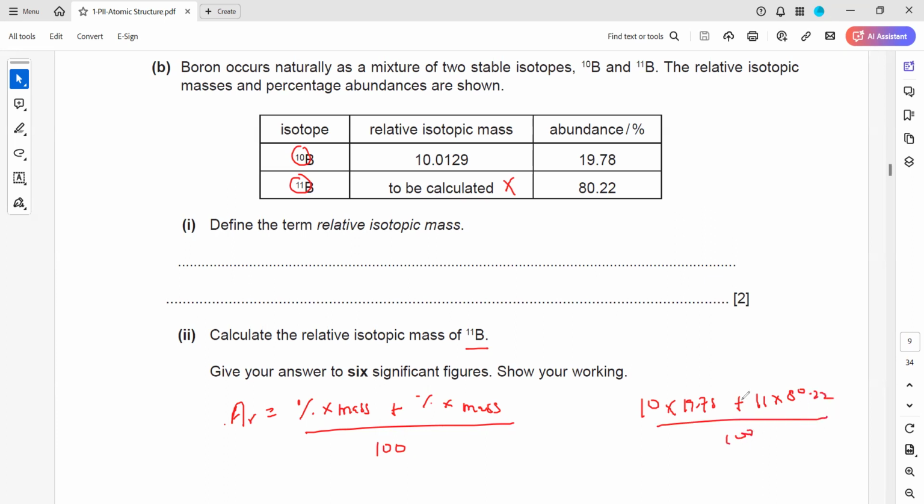What's the answer for this? 19.78 multiplied by 10. I took the actual mass of the isotope to get an average. What's the answer for this?